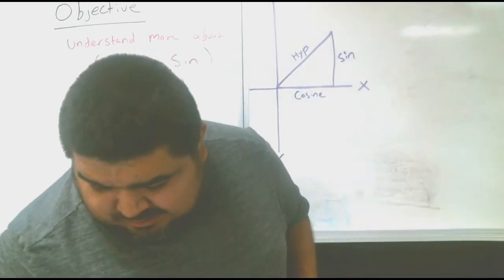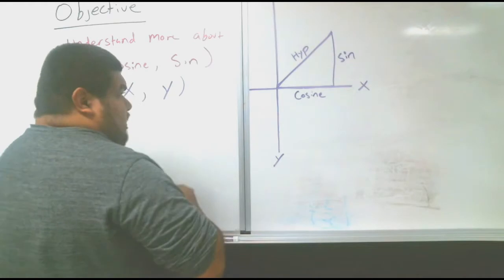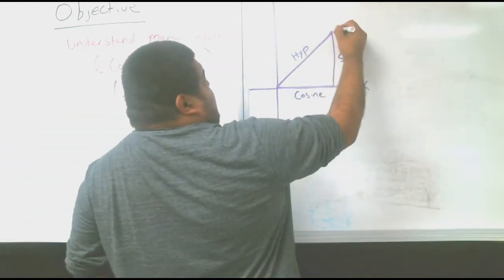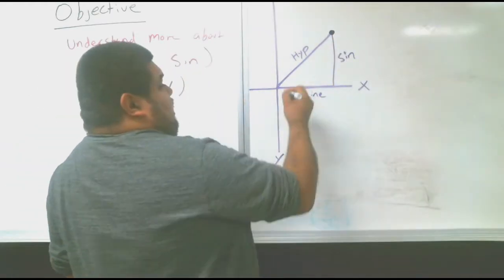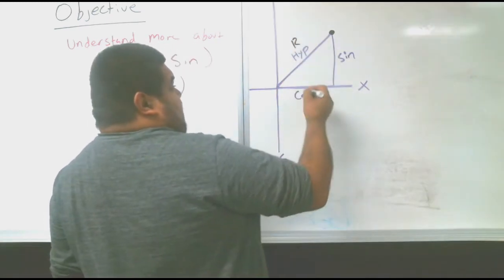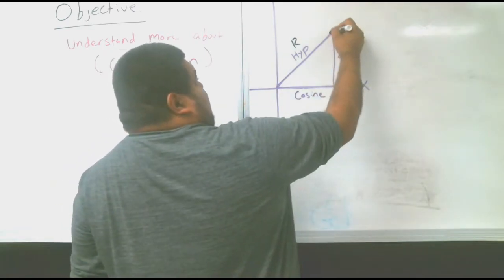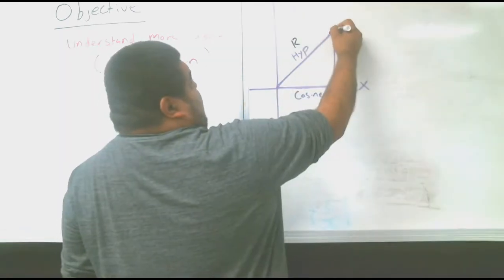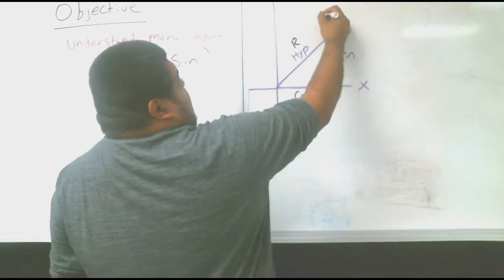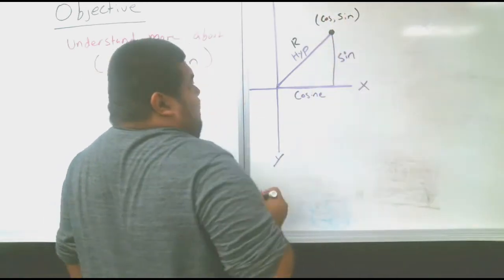When you're dealing with points on this unit circle, we'll know this as R, and we always try to find wherever that point is located. Whatever that point is, that is your cosine and your sine.